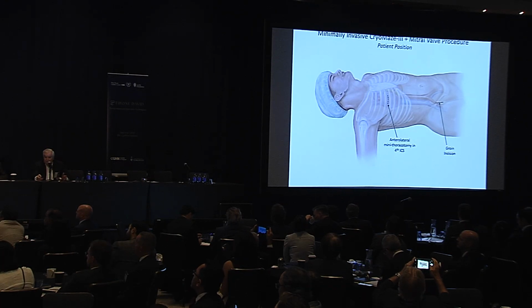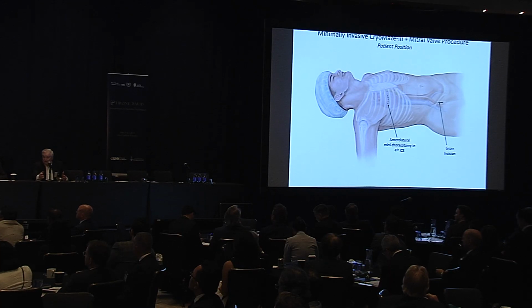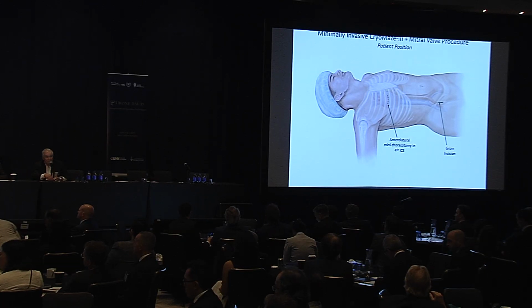In the mid-90s, we switched from an old cut and sew maze 3 procedure to a cryosurgical maze procedure. Everybody in the mid-90s was trying to develop minimally invasive surgery for everything, for valves, for coronaries, for everything. And so I decided we ought to have a minimally invasive maze procedure.